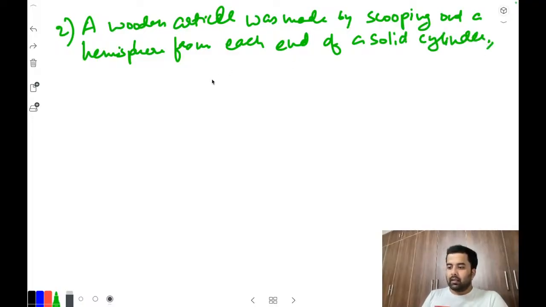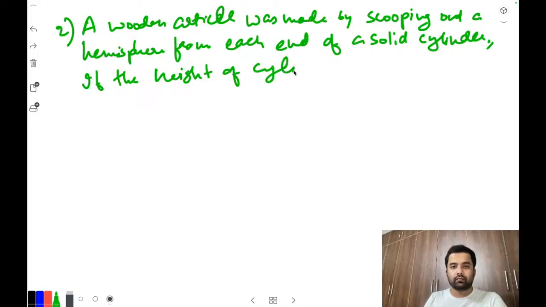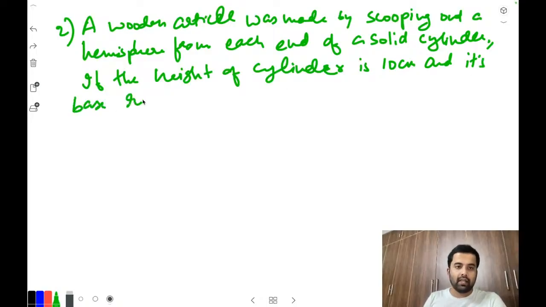If the height of the cylinder is 10 centimeter and its base radius is 3.5 centimeter, find the total surface area of the article.